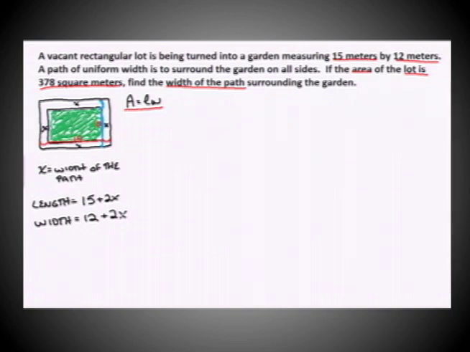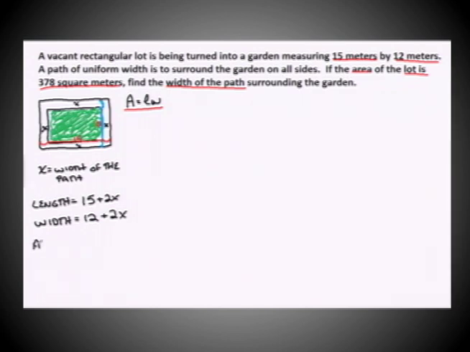So that second step asks us to represent any other unknown quantities in terms of x, which is exactly what we did. We didn't bring in any new variables. We simply used what we had to express how we could call the length and the width of the entire lot. Now we're ready to actually plug these things into our area formula.